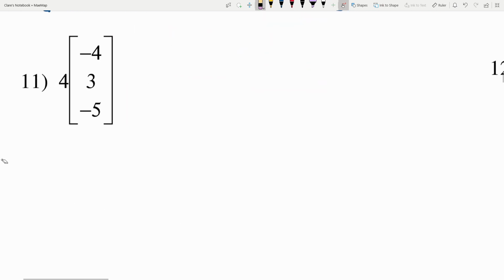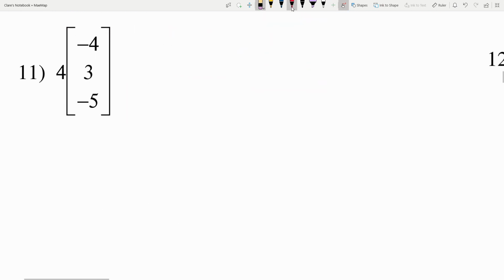Moving on to number 11, we're going to be scaling a matrix. And remember, the size of our matrix doesn't change for these basic operations that we're going over in this worksheet. So because my matrix size is a 3 by 1, my result will also be a 3 by 1. So what I'm going to do is just take the 4 and multiply by each of my elements.